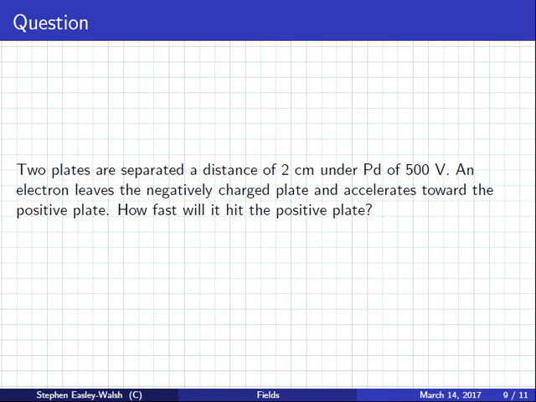Yeah, because 500 volts is a lot for only 2 centimeters and for 1 electron. So that electron is really going to be accelerated towards the plate. Okay. Time to do it?